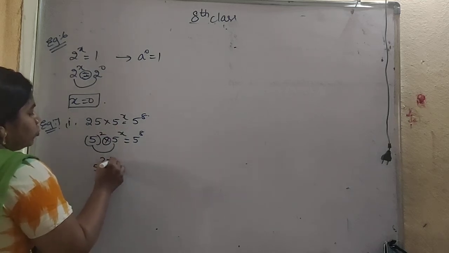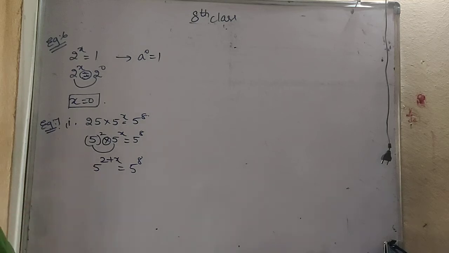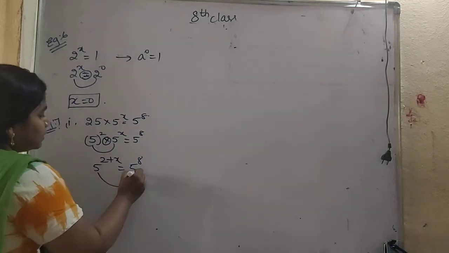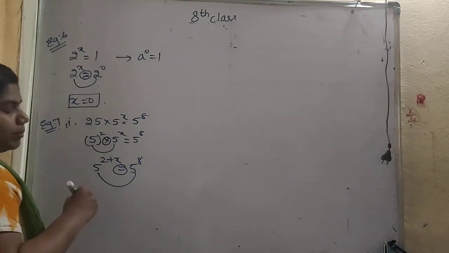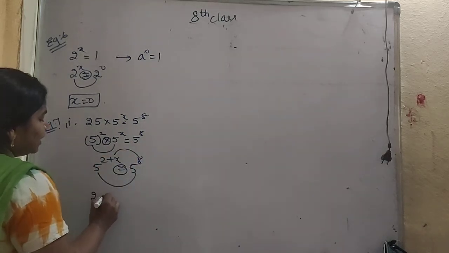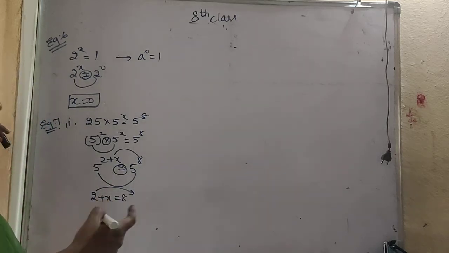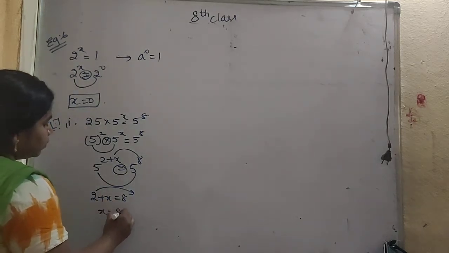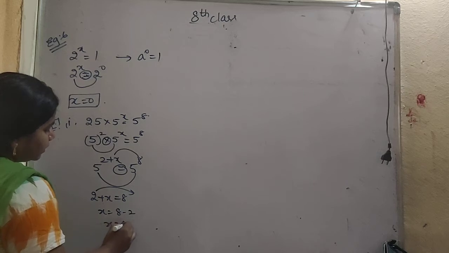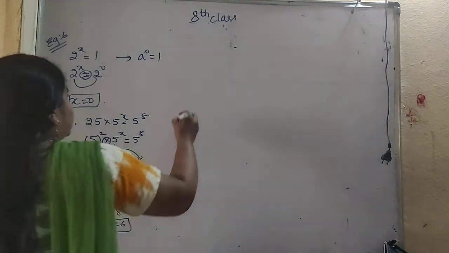So 5^(2+x) is equal to 5^8. So this is the last formula. When both the bases are equal and we have an equal to sign, we have to equate the powers. That is 2 plus x is equal to 8. I am sending this 2 to the other side, that will become subtraction. So x is equal to 8 minus 2. x is equal to 6. So what is the x value here? 6. So next one.